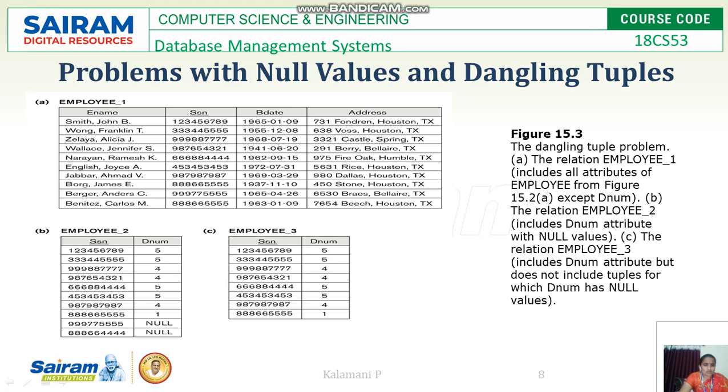Suppose we join employee 1 and employee 3, the SSN and the D number are taken. So this is going to lose the employee details of Berger and Benitz, because their data are not there, so the data will be lost.